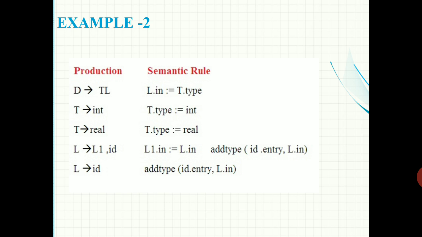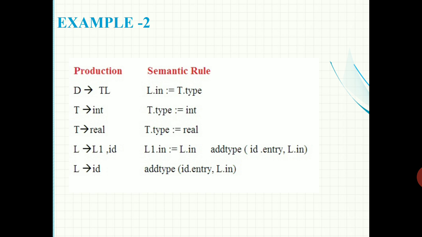In the case of L produces L1 comma id, the value of L1 is evaluated from its parent L, that is L1.in = L.in. So the value of L1 is evaluated from its parent node. So we can say that the in attribute is an inherited attribute.